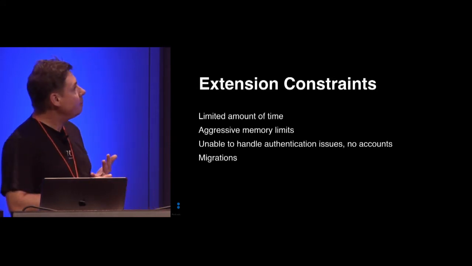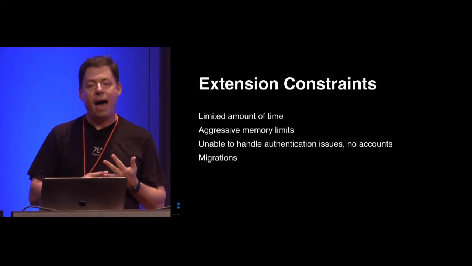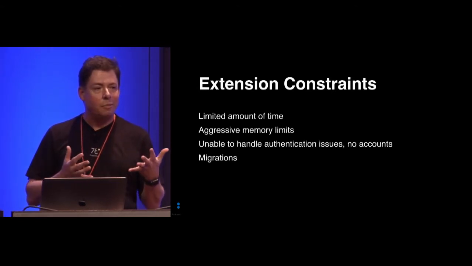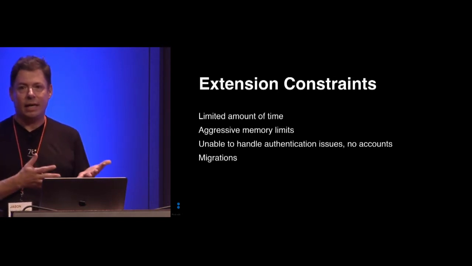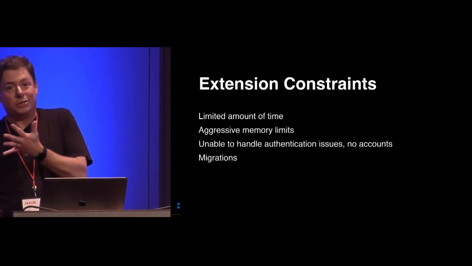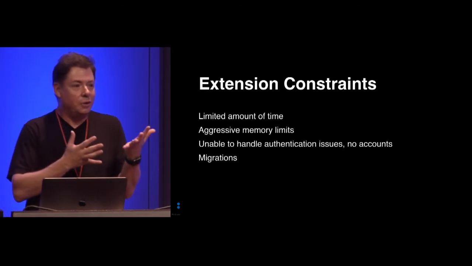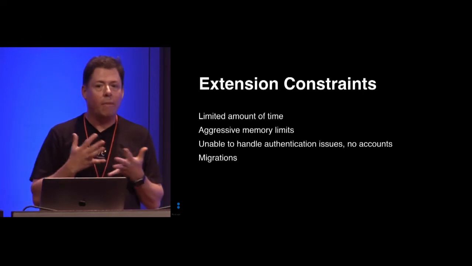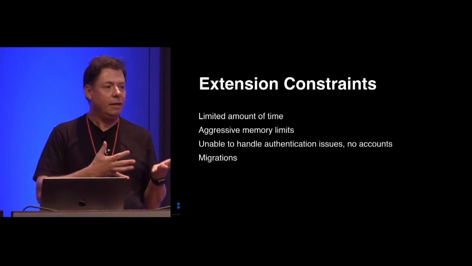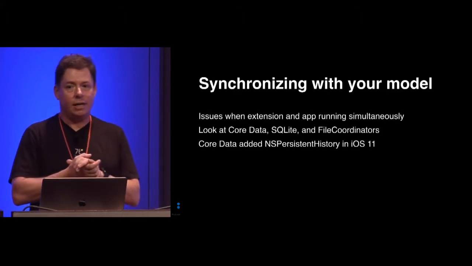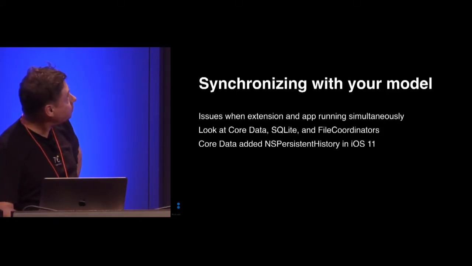And the first time that the user interacts with your app is by pulling the Today extension down. So kind of in a problem here because you need to migrate. That may take some time and use a lot of resources. And you're in a Today extension where things are really constrained. So those are just the cases that you have to consider. I mean, in our case, we won't migrate. We'll just show stale data inside of the extensions until the user opens the app and we get a chance to migrate.